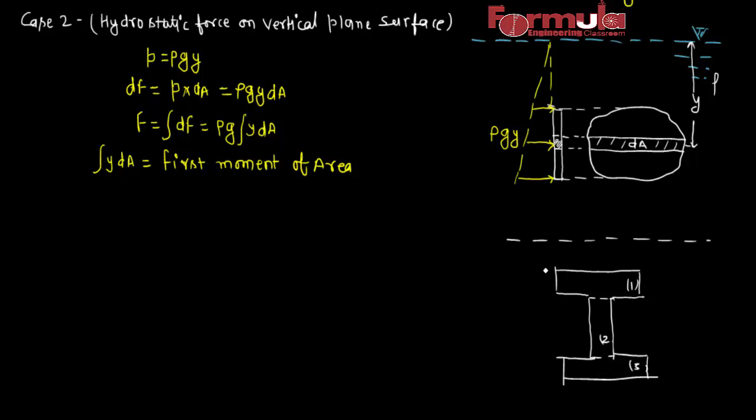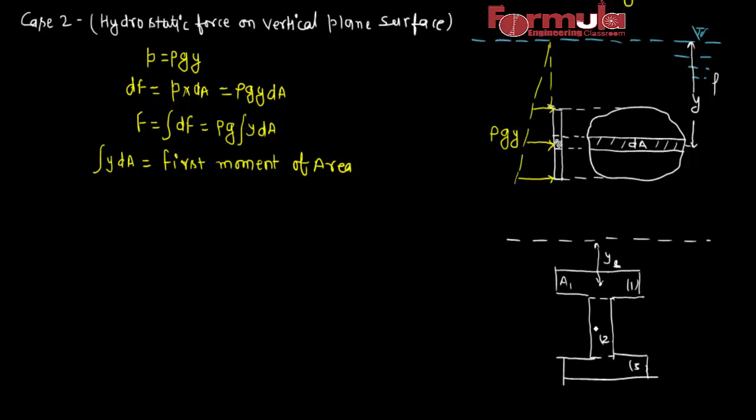Now for this part 1 the area is A1, and let the center of gravity of this part 1 be around here, at a distance y1 below this axis.